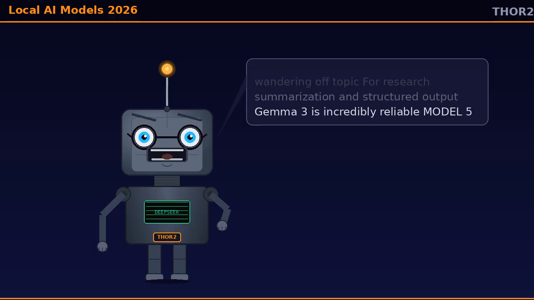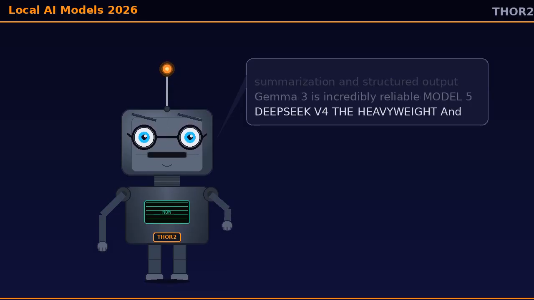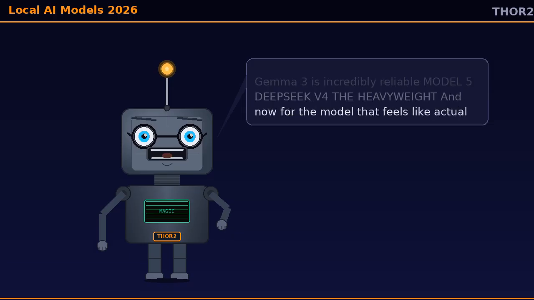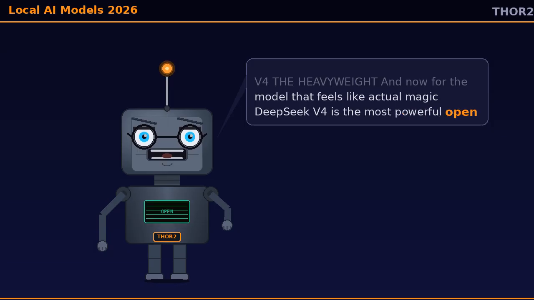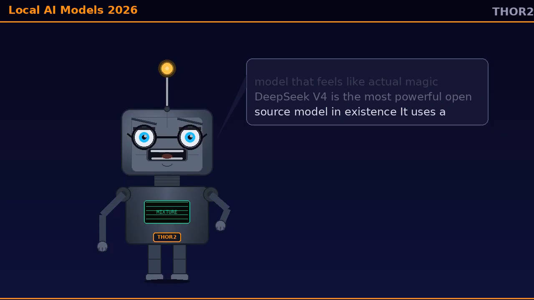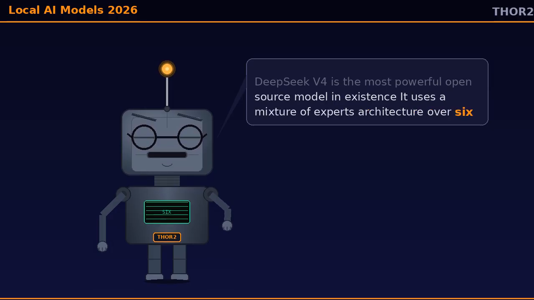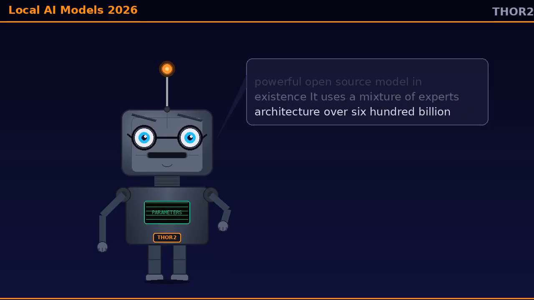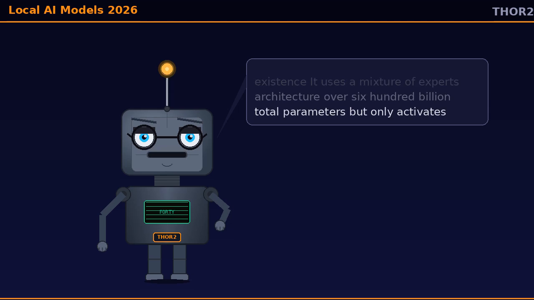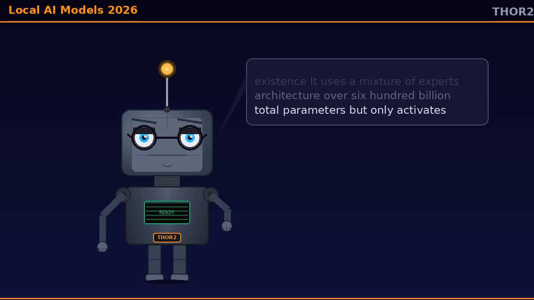Model 5: DeepSeek V4, the heavyweight. And now for the model that feels like actual magic. DeepSeek V4 is the most powerful open source model in existence. It uses a mixture of experts architecture, over 600 billion total parameters, but only activates about 40 billion at a time.